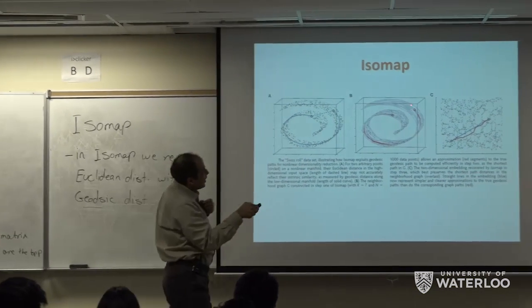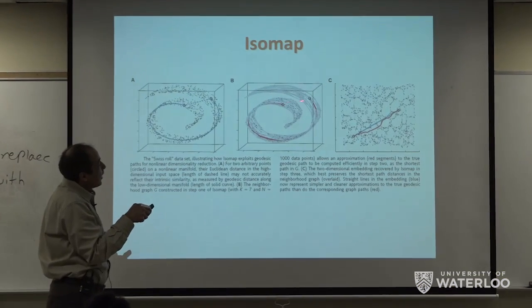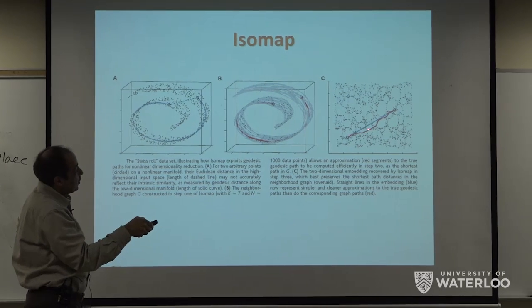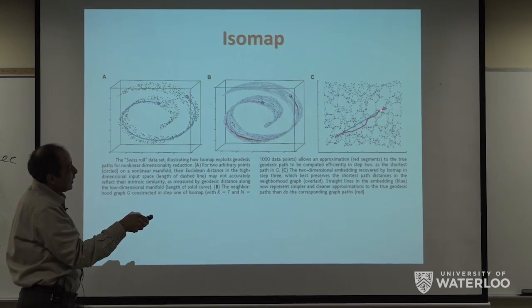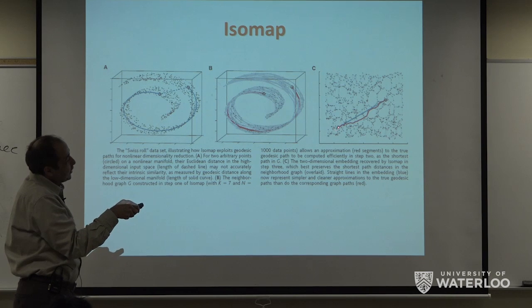On this k-nearest neighbor graph, then I can compute the shortest path between these 2 nodes. The shortest path between these 2 nodes basically is this red line on the graph. The geodesic distance is the blue line.